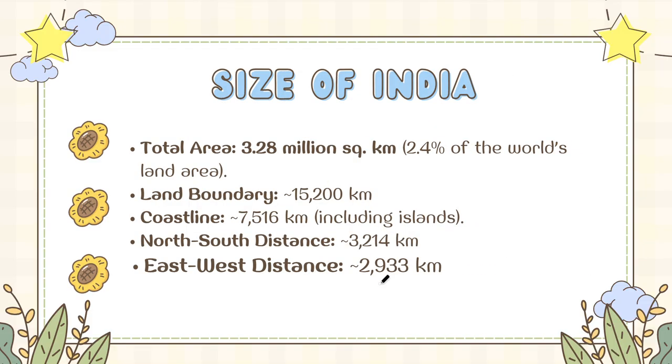First we have to learn what the size is. We are going to learn the size of India. The total area of India is 3.28 million square kilometers.